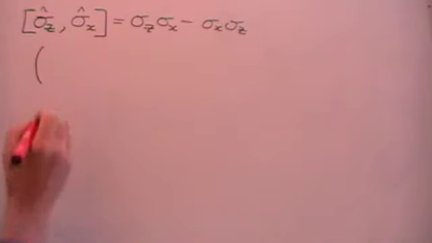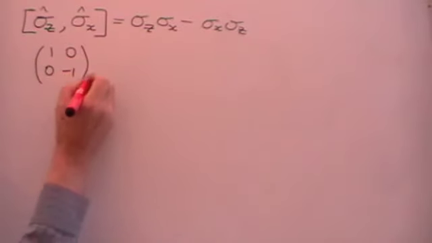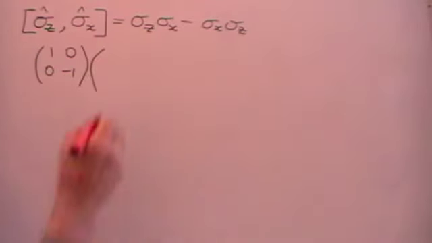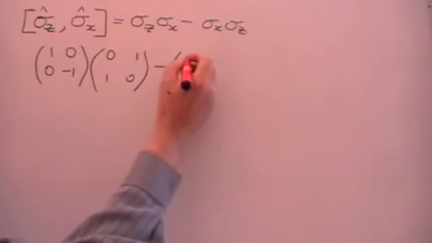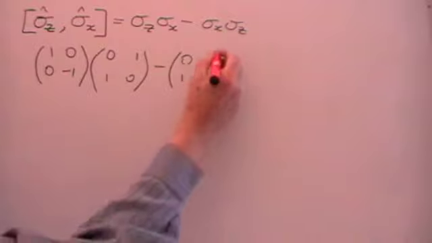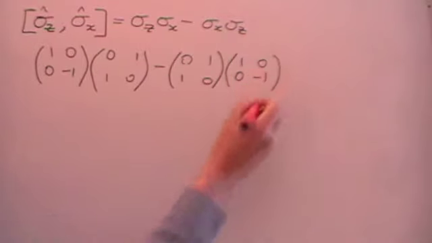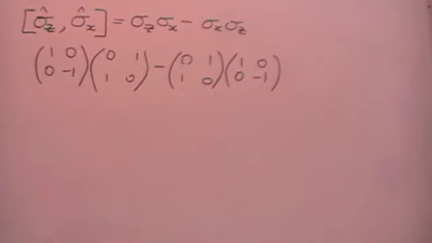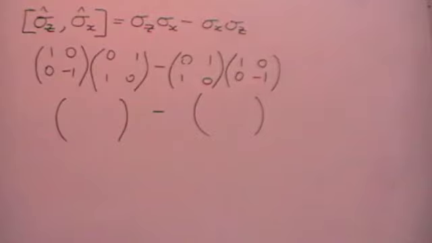So let's actually do the matrix multiplication. Sigma z is (1, 0; 0, minus 1), times sigma x, which is (0, 1; 1, 0), minus sigma x, which is (0, 1; 1, 0), times sigma z, which is (1, 0; 0, minus 1). And that is going to give us two 2 by 2 matrices, one minus the other.